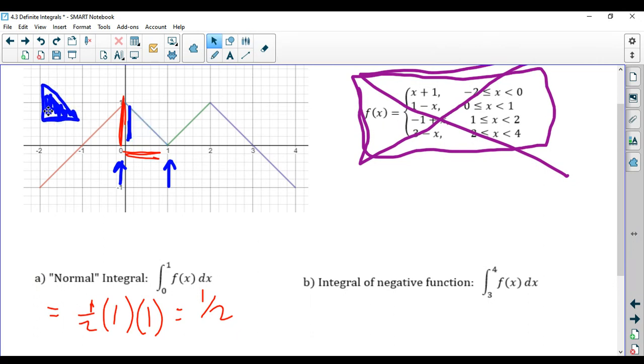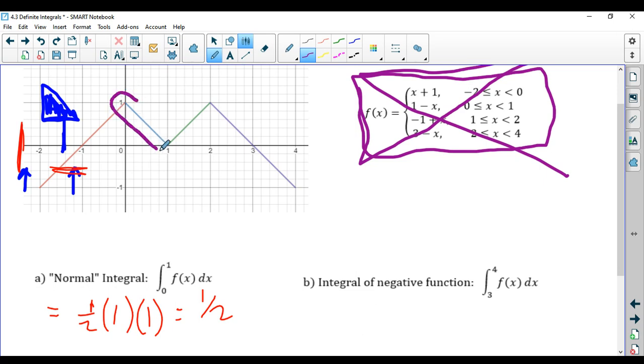So the next one I want to take a look at is the integral of a negative function. The one we just did was a positive function, and because the graph is above the x-axis, that's positive. If you look at B, we're going to do the integral of a negative function because if you look at the limits, we're going from x equals 3 to x equals 4, which is from here to here.